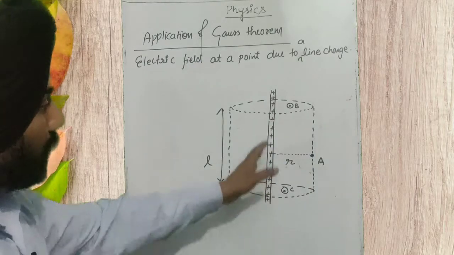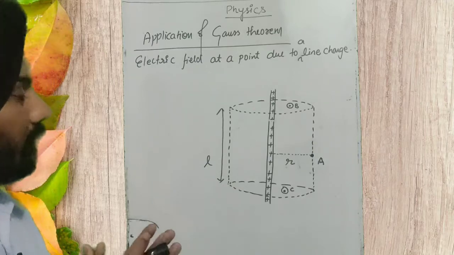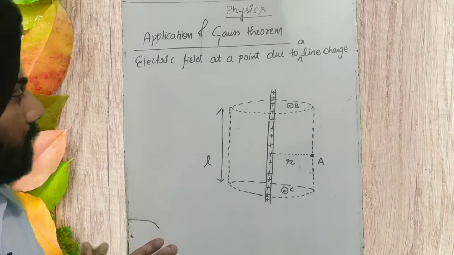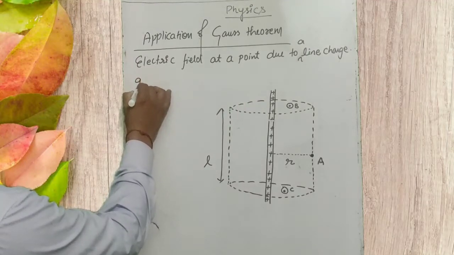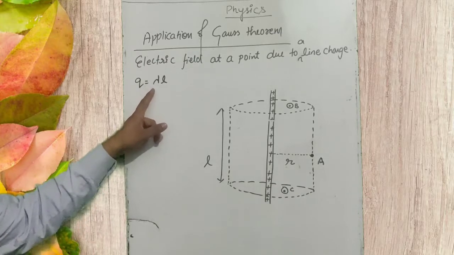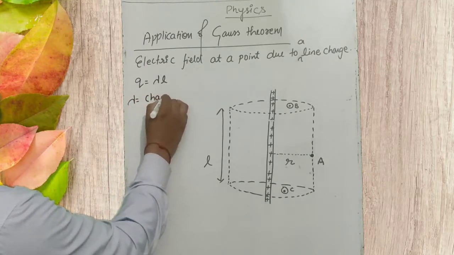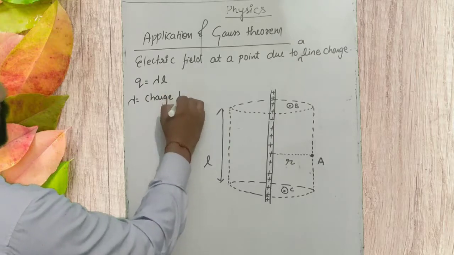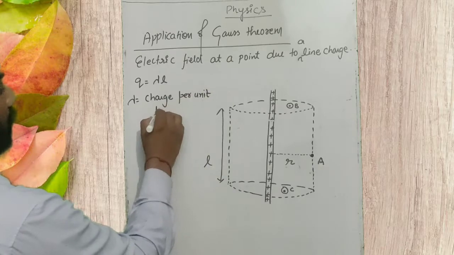So how much charge is distributed per unit length of this wire? What must be the charge? The charge must be Q is equal to lambda L. Lambda is what? Lambda is charge per unit length.